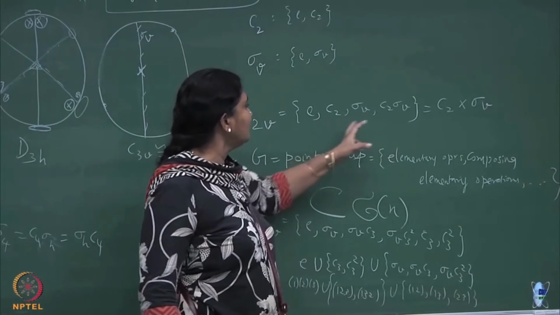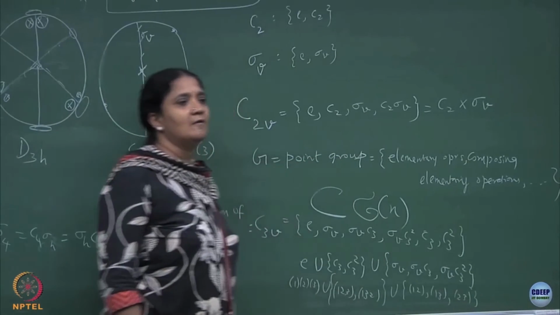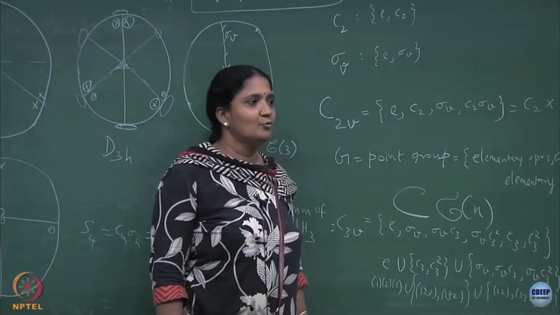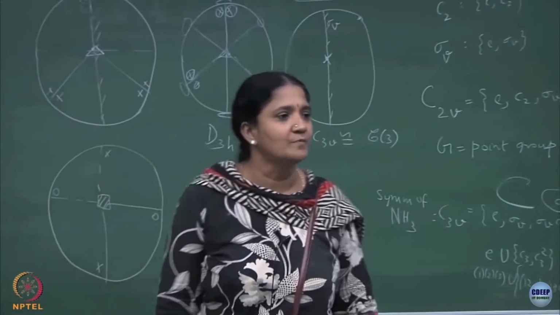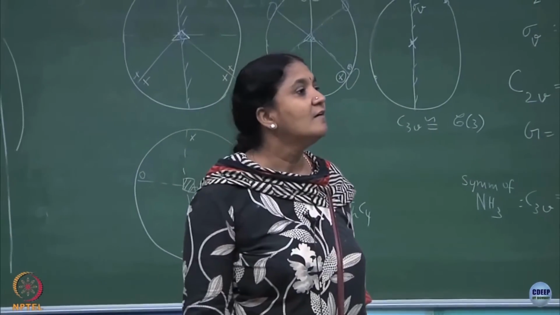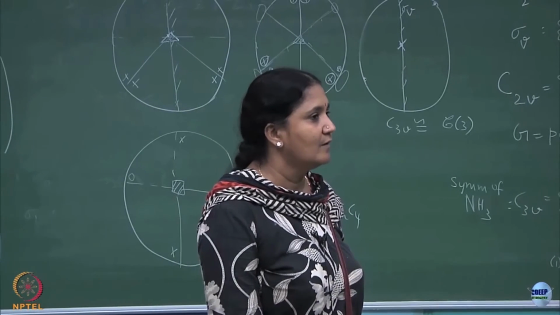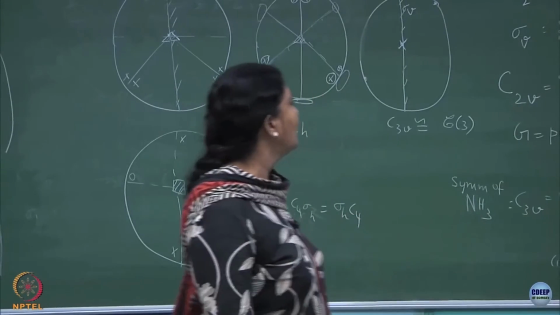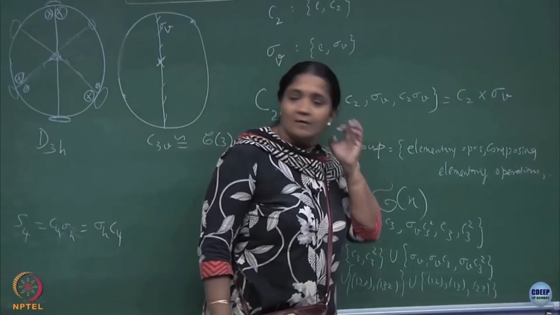So, how many conjugacy classes are there in C2V? It is an abelian group. Every element is a class by itself. Once it is an abelian group, similarity transformation does nothing. So, the order of the group itself will be the number of classes.